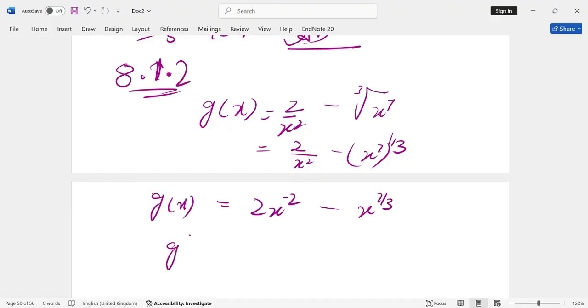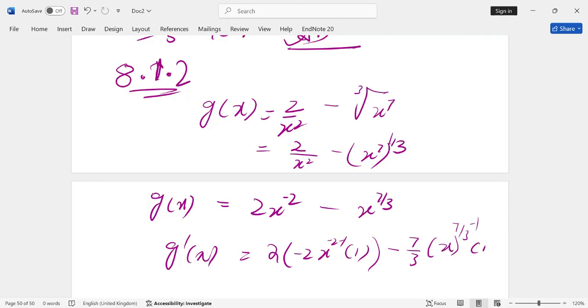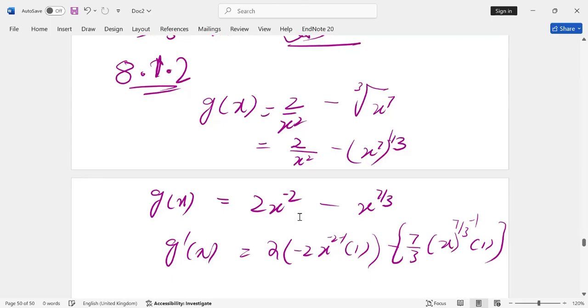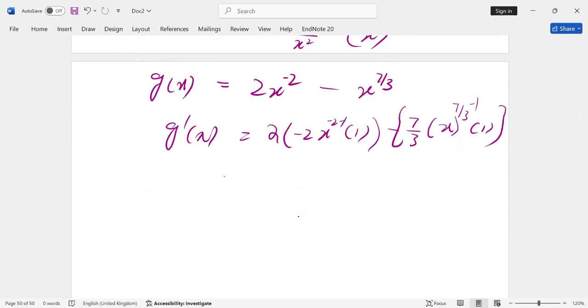So let's find the derivative of this function. We have 2 into minus 2x^(-2-1) into 1, minus 7/3 into x^(7/3-1) into 1. Okay, so you just simplify the equation, and we have 2 into minus 2x^(-3) minus 7/3 x^(4/3).